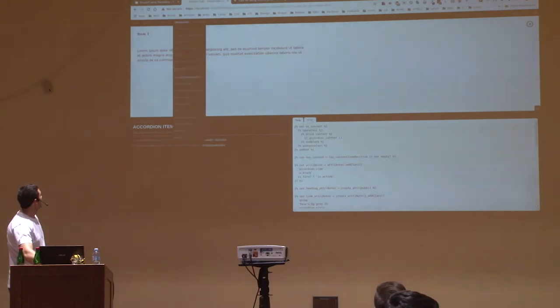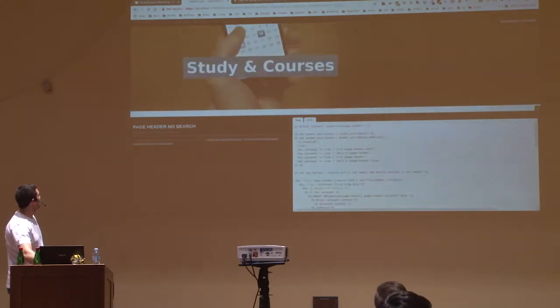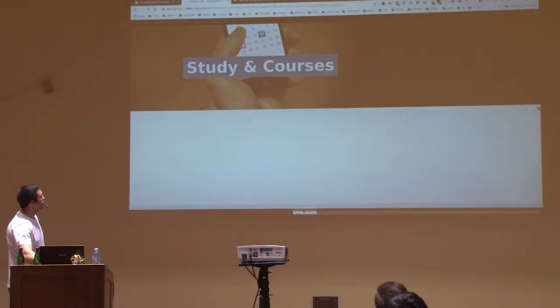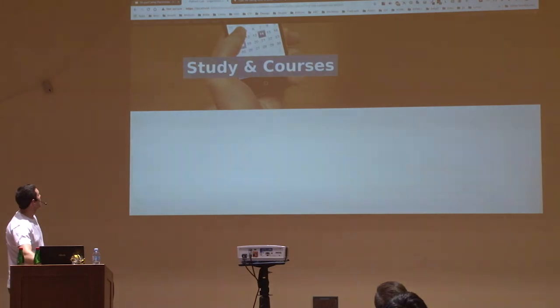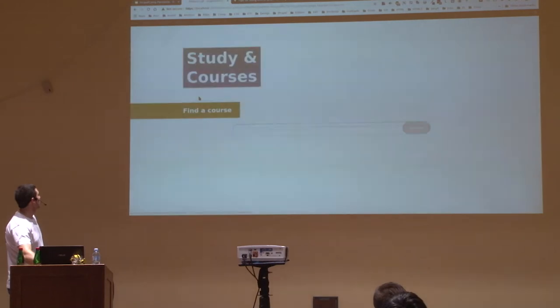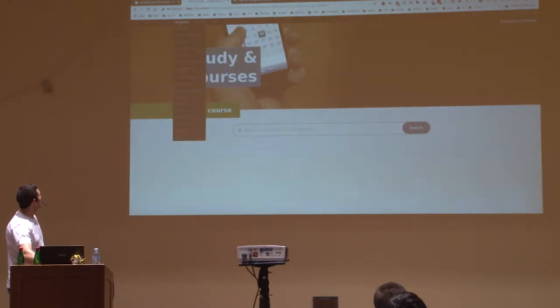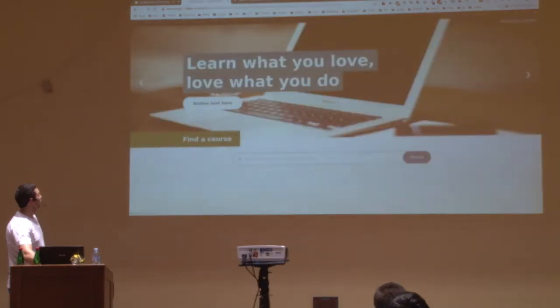I will show you some a bit more complex ones. For example, this is a page header with no search organism. We have some variations like page header regular with search, or page header with carousel functionality.